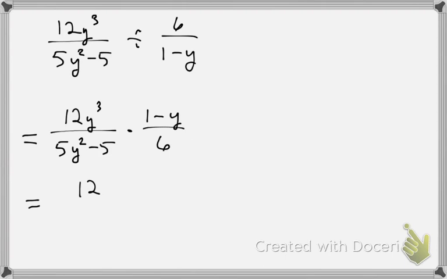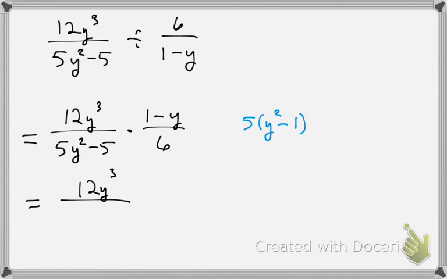So 12y cubed just is what it is, right? What about the denominator? You have a GCF of 5, right? Leaving behind y squared minus 1.